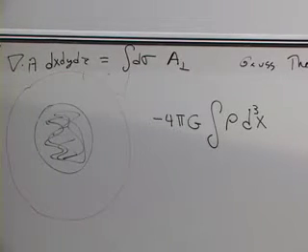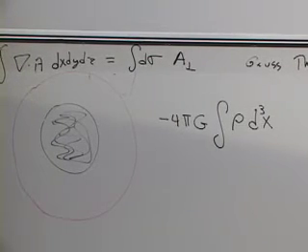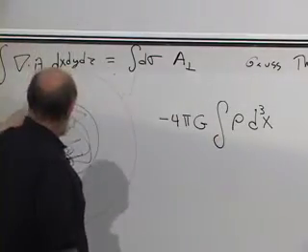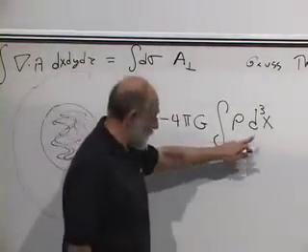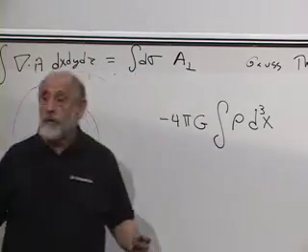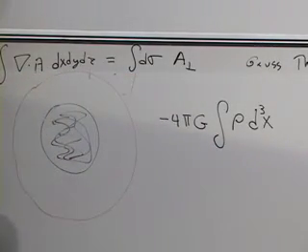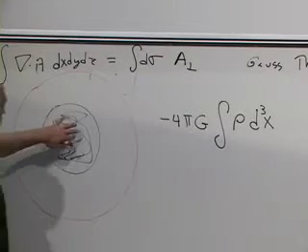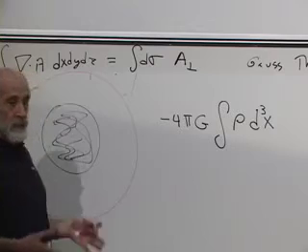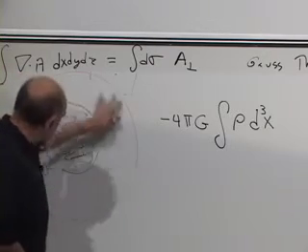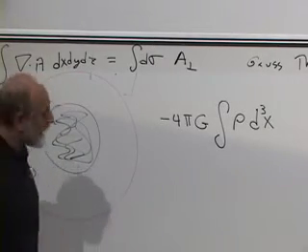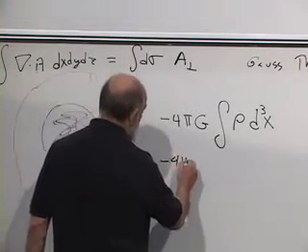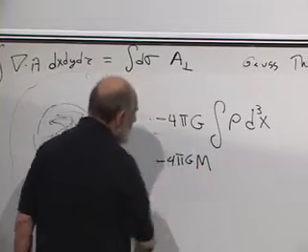The minus 4 pi g can come on the outside of the integral since it's only a constant. Now what's the integral of rho over volume? That's the mass. Integrating up the mass density just gives you the mass enclosed, the mass enclosed within the red sphere. Okay, so let's rewrite that. That's minus 4 pi g times the mass within the sphere.